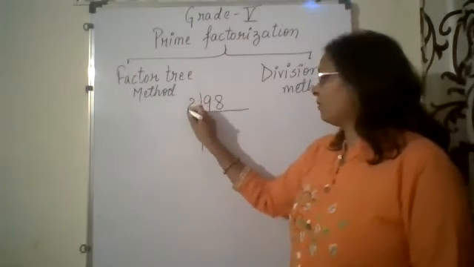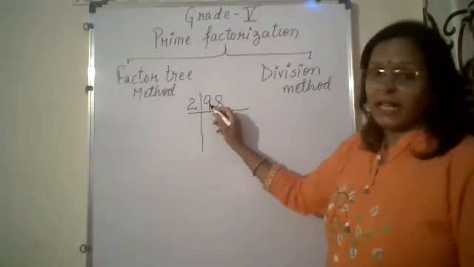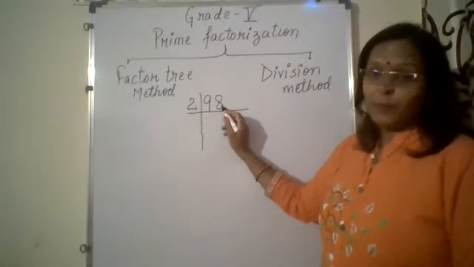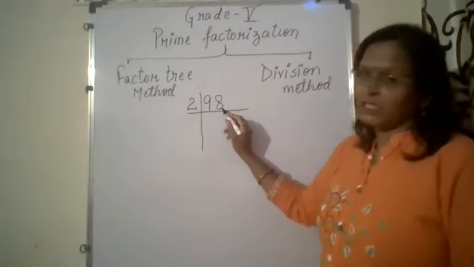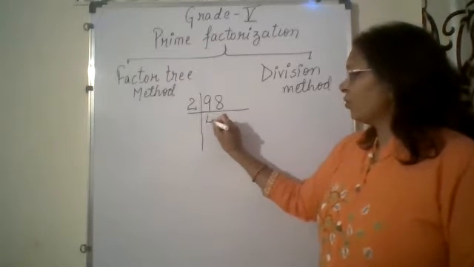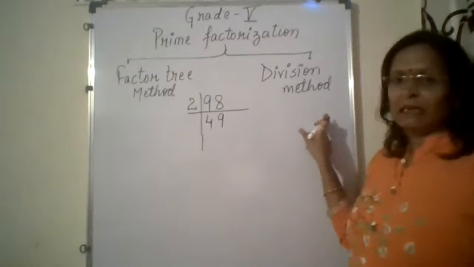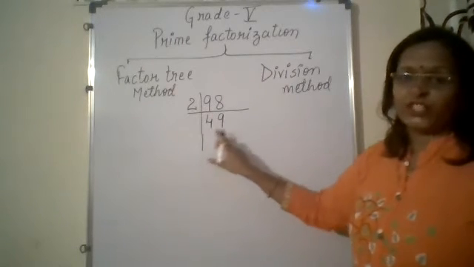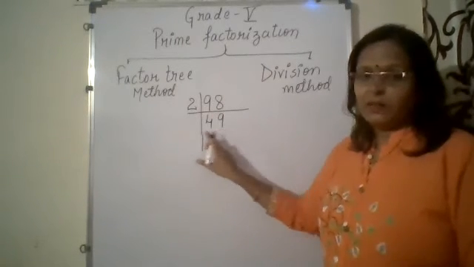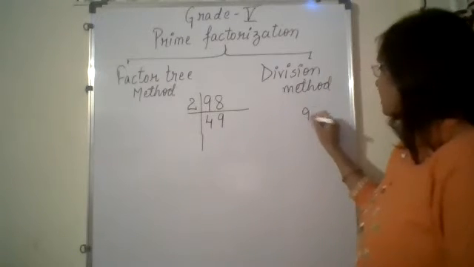So we will start with the smallest prime number. We see that 98 ends in 8, an even number, so 98 is divisible by 2. 2 fours are 8, 2 nines are 18. You can divide separately in the rough column and write the quotient here. Be careful when you divide.